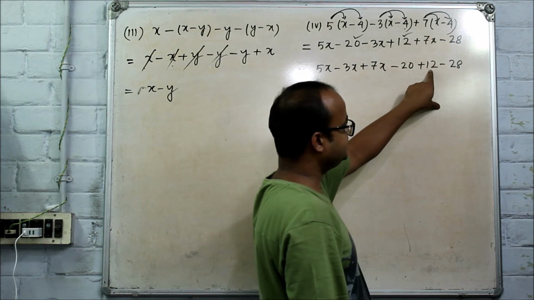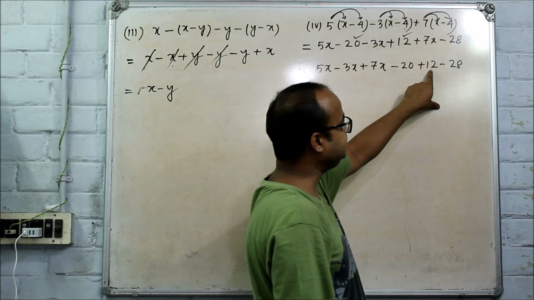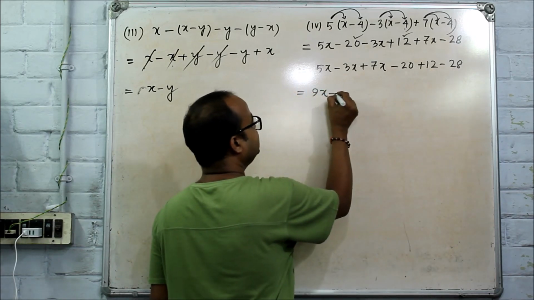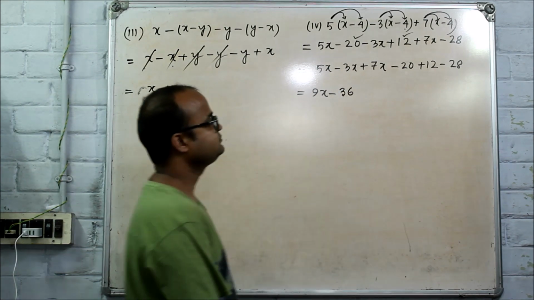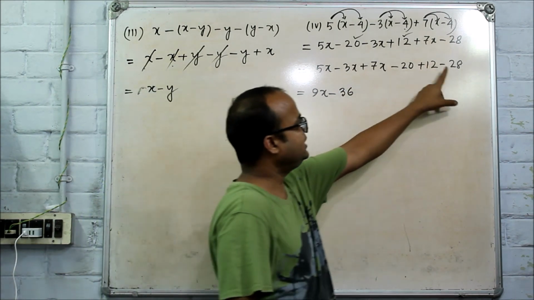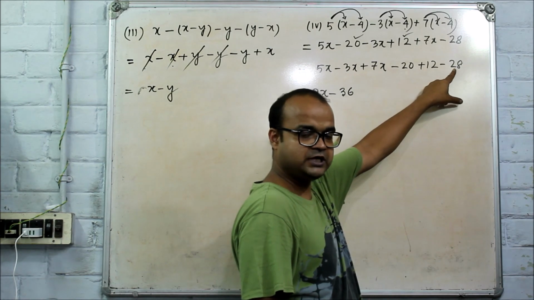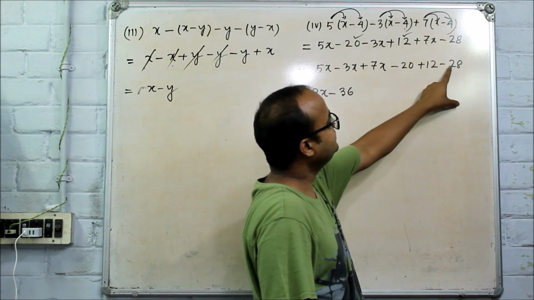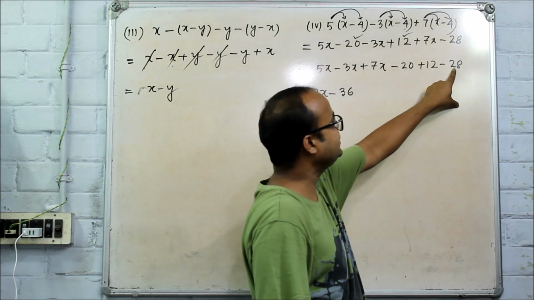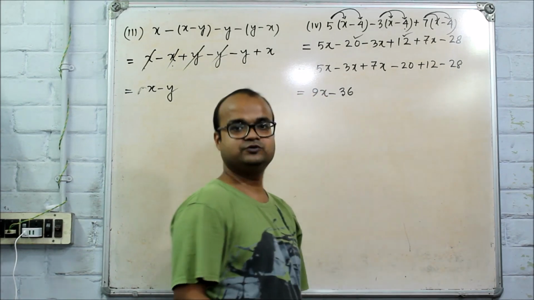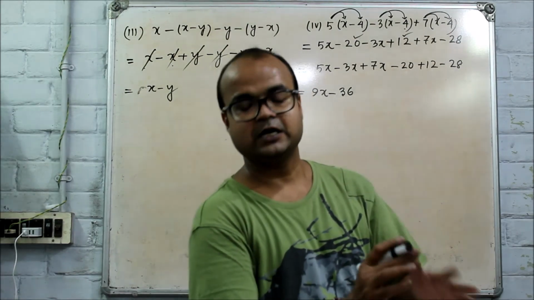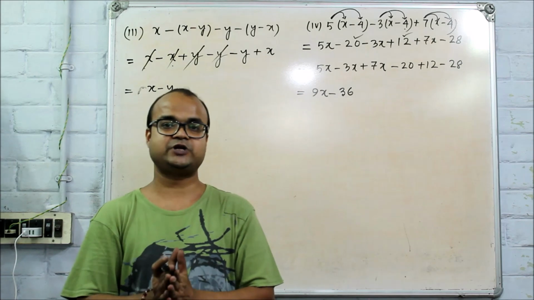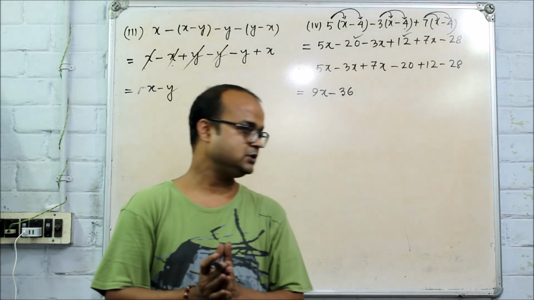Minus 20 plus 12 is equal to minus 8, minus 8 minus 28 is equal to minus 36. Clear? Or you can add these two terms because they are like terms with the same sign: minus 20 minus 28 is equal to minus 48, plus 12, so minus 36. I hope you understand how to perform addition and subtraction of algebraic expressions.